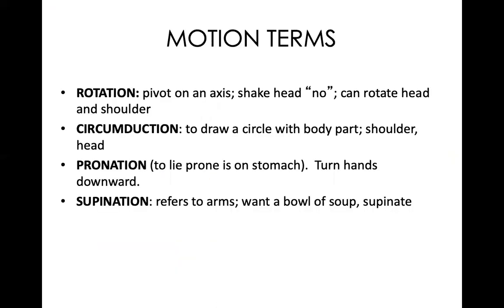Other vocabulary we have is rotation versus circumduction. Rotation is a pivoting action around an axis. So when you shake your head no, side to side, you're pivoting your head around the axis of your vertebral column. Versus circumduction, where what you're actually creating is a circular pattern. You can create rotational movement with your neck, and you can also rotate your shoulder or your legs.